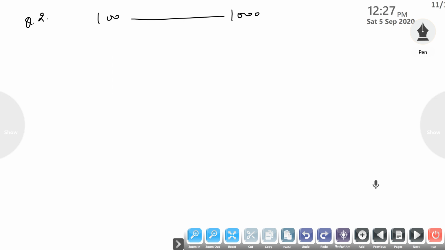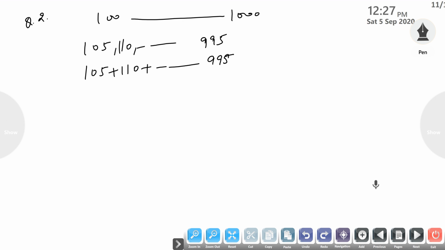Then first multiple of 5 between 100 and 1000 is 105, second is 110, third and so on, and last number is 995. Now we have to find sum of this sequence 105 plus 110 plus so on, and last term is 995.